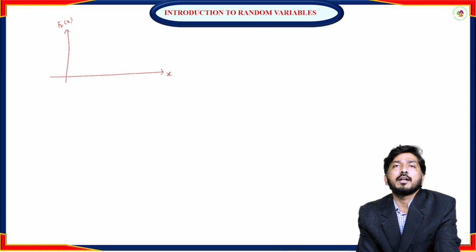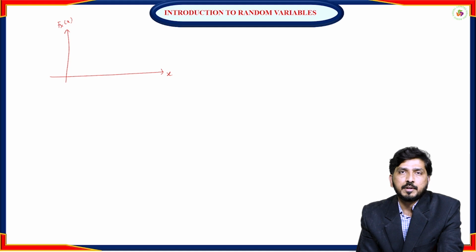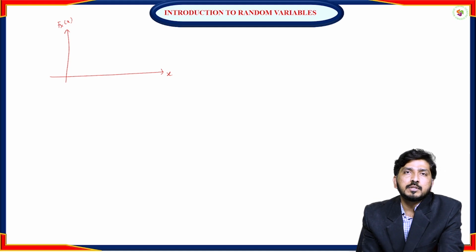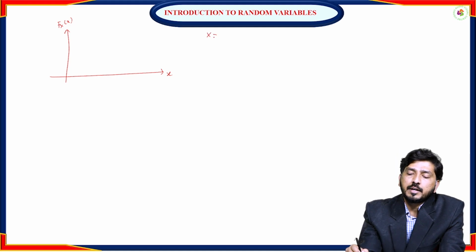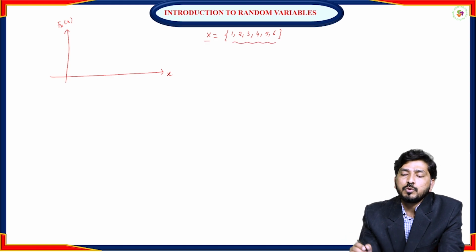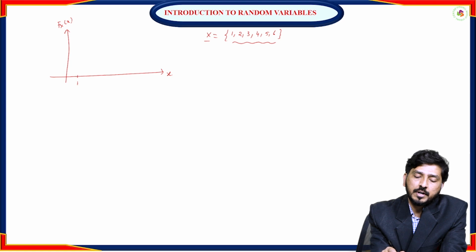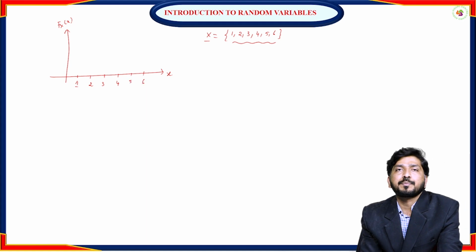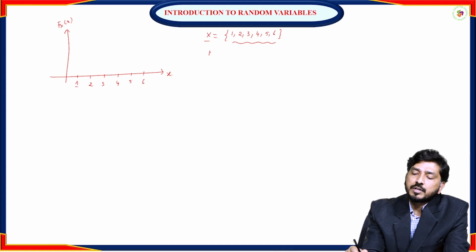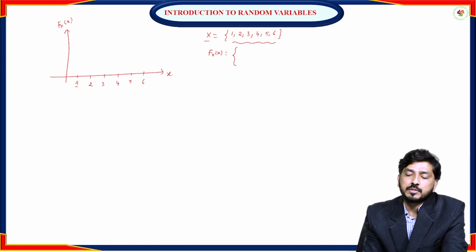On the x axis we take the elements of the random variable X. As the random variables in the given experiment start from 1, 2, 3, 4, 5, 6, these are the elements of the random variable X. You mark these on the x axis: 1, 2, 3, 4, 5 and 6.